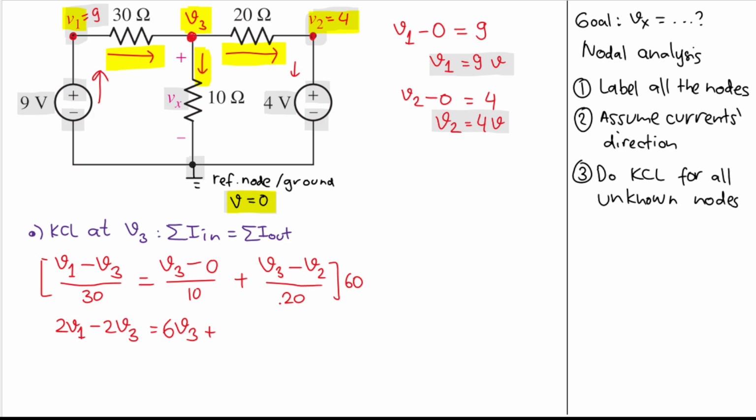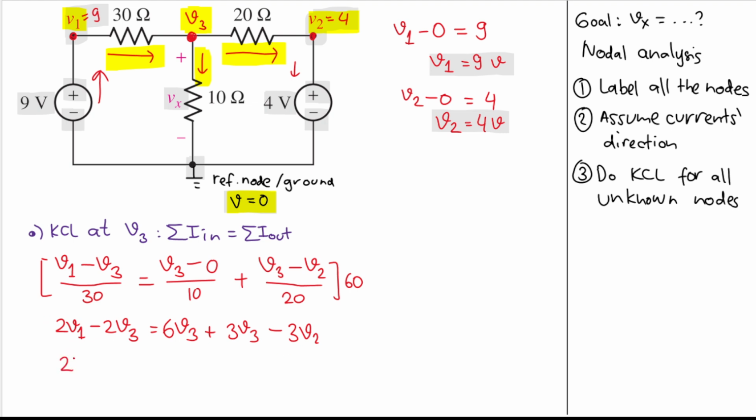We will have 20 and 60 will cancel into 3, so we will have 3V3. And then what is this? Minus 3V2. Okay, that's good. Maybe let's move things around here.